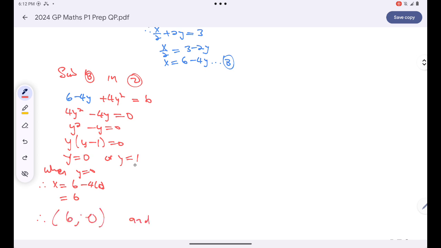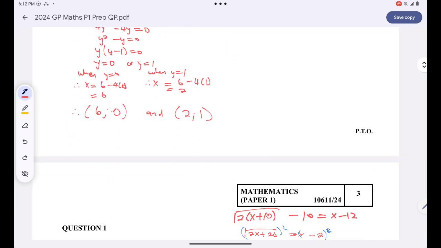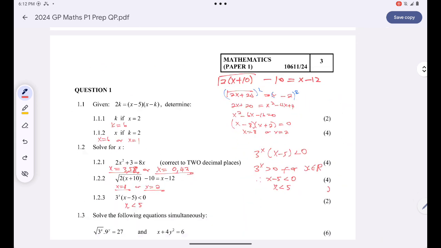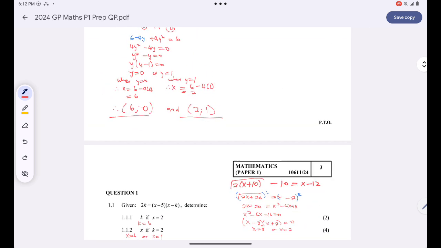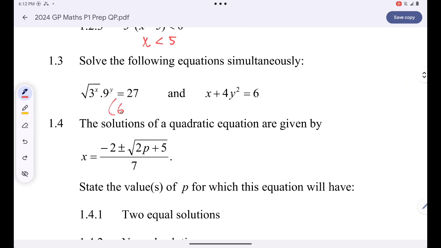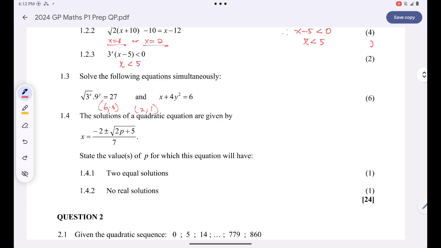And then on the other side, when y is equal to 1, x is just equal to 6 minus 4 times 1, which will just give me 2. So I now know that when x is 2, y is 1. So these are the two solutions of our simultaneous equation: 6 and 0, and then 2 and 1.